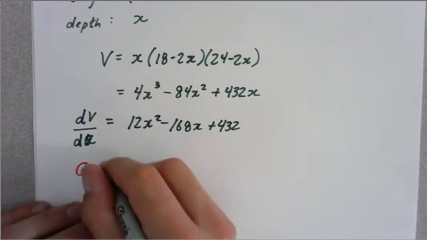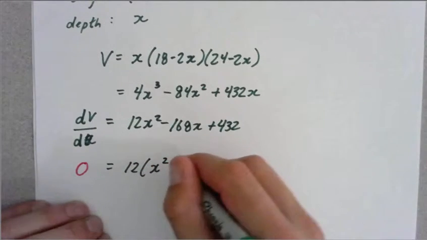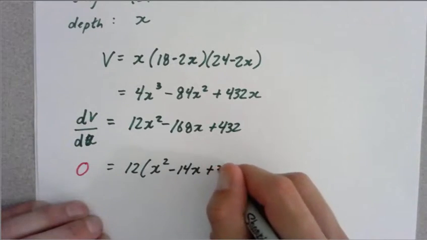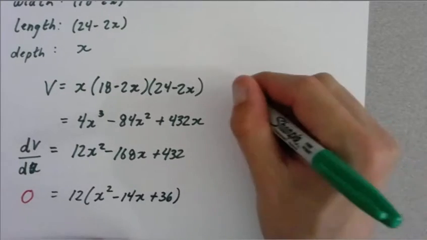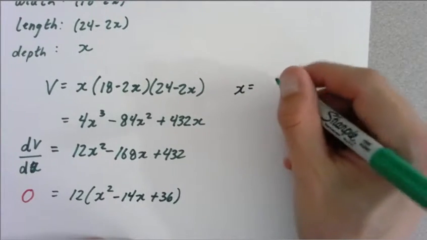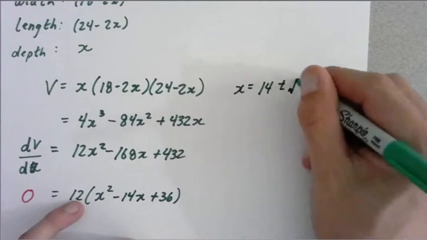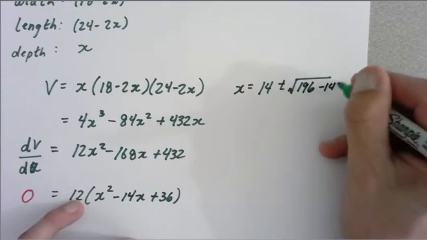Now this is where it gets a little tricky, because if I factor out a 12, I get x squared minus 14x plus 36. And when you think factoring, you can't factor. So I set up the quadratic formula and I get 14 plus or minus the square root of 196 minus 144, over 2.